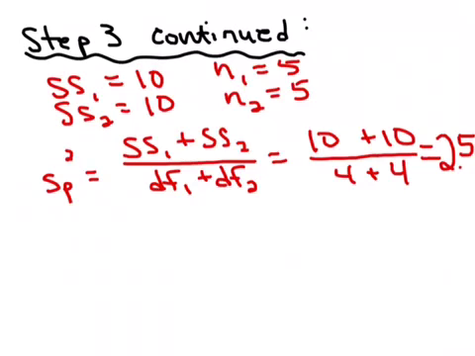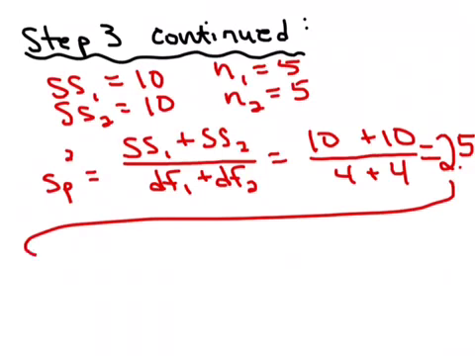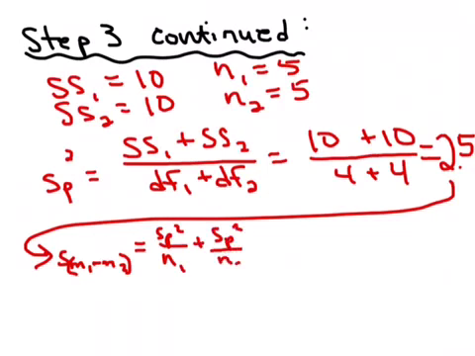Now we're going to plug that 2.5 into our estimated standard error equation. If you remember, that is a subtraction sign, which is the pooled variance divided by sample size 1 plus pooled variance divided by sample size 2, all under the square root. Now when you do this, be very careful that you're doing things in the right order.